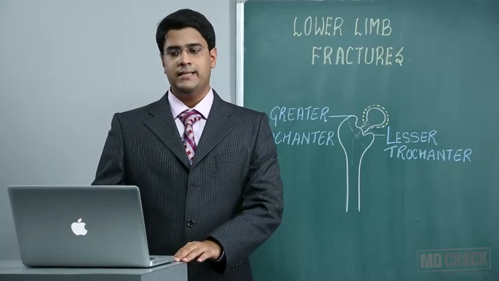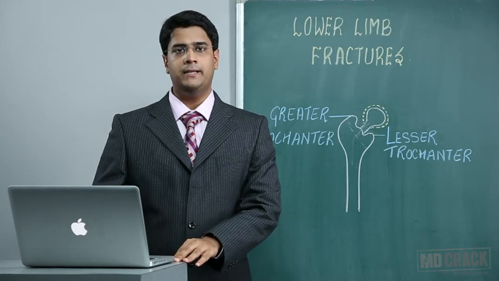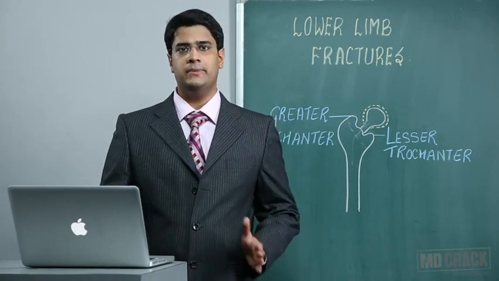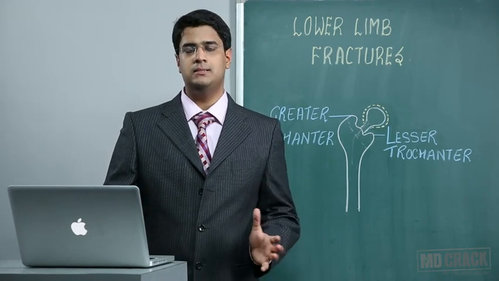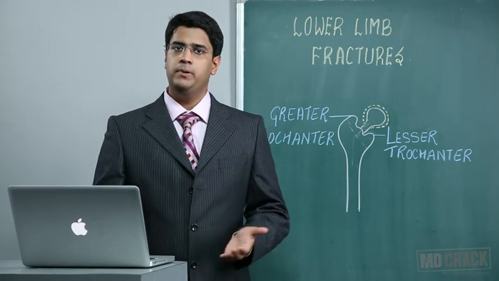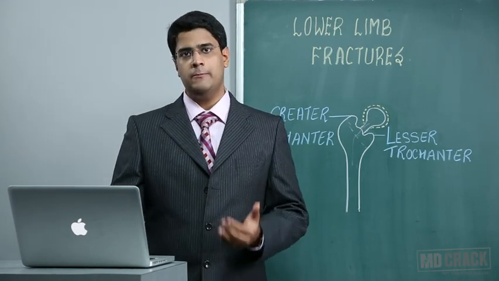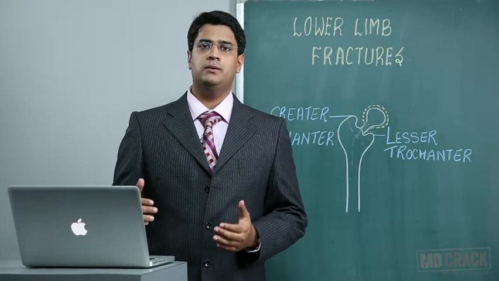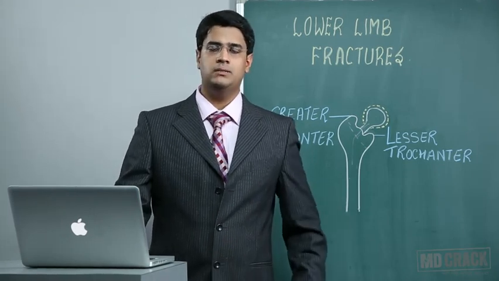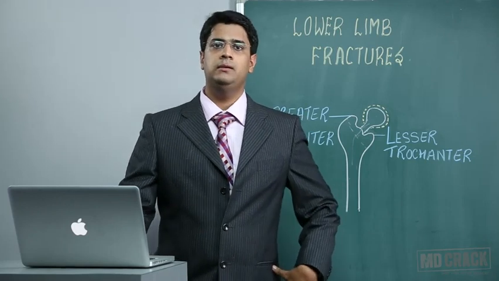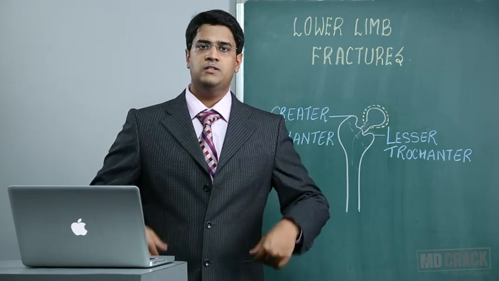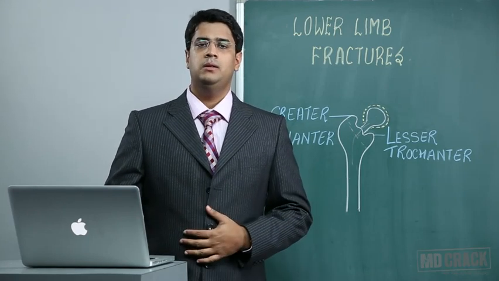Coming to the Trendelenburg test, which is important even from a practical point of view. This test is testing the abductor mechanism, that is the abductor muscles are checked in this test. The test is very simple. You have to do it in a stepwise manner. The patient, male or female, is stripped from the waist downwards. You must be able to see the hip bone, I mean the posterior aspect as well as the anterior part very well.